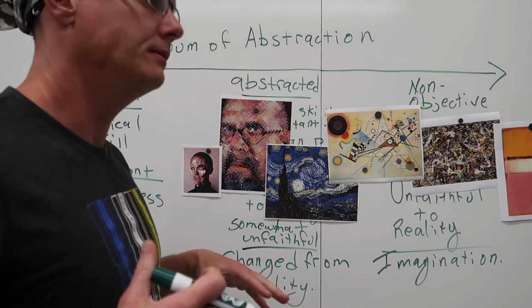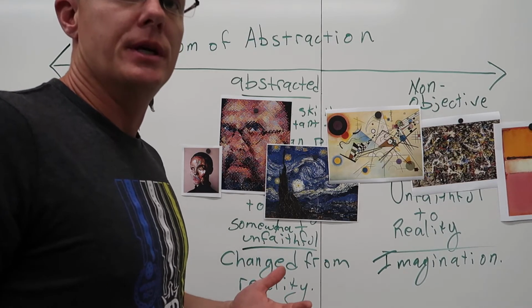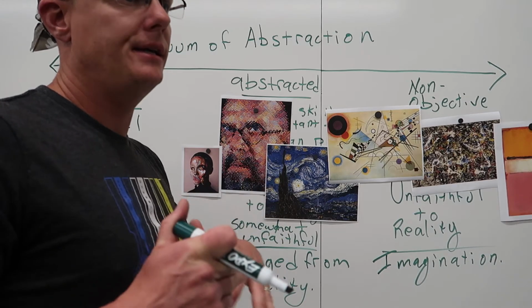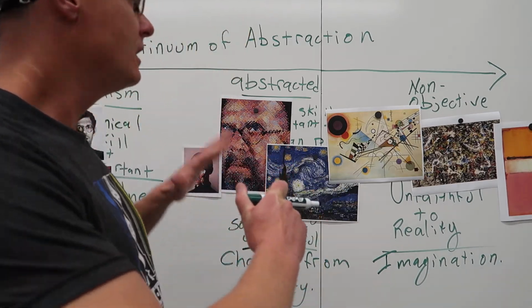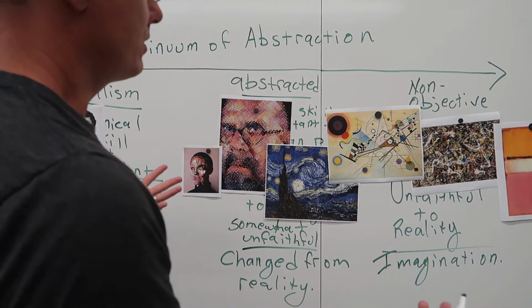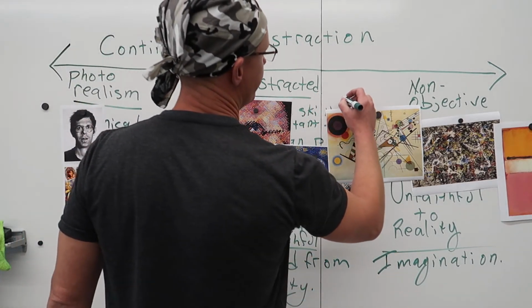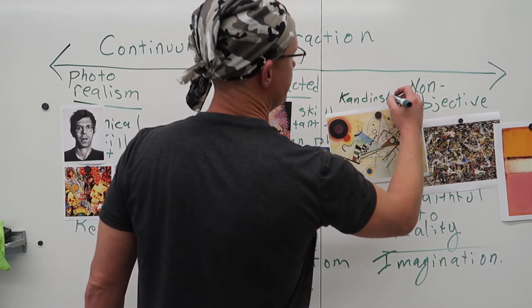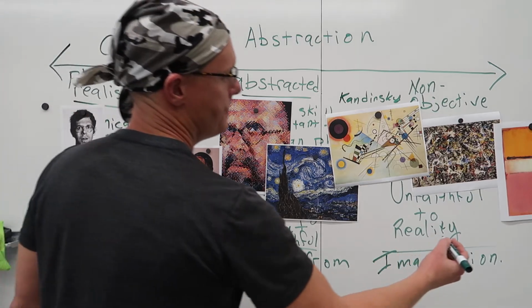So when you do this, it would be best to put all of these either in a Word document or perhaps a PowerPoint, and go ahead and develop that, label each one of the images that you find, and you'll want to get the artist's name, right? So like in this case, Kandinsky. Rothko.